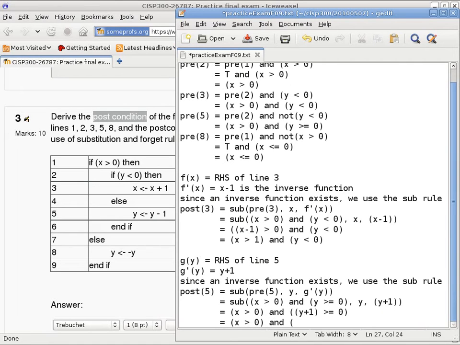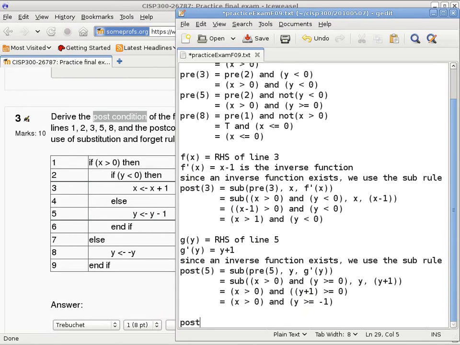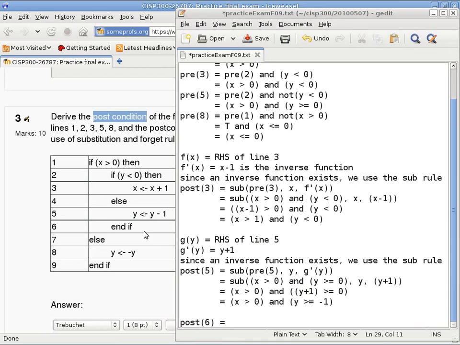Well, after that, we can figure out what is post 6. Line 6 is the end if here. So once we know the post condition of the two branches, when the two branches merge, how do we figure out the post condition after the merge? Just an or. Just an or of the two post conditions, right?